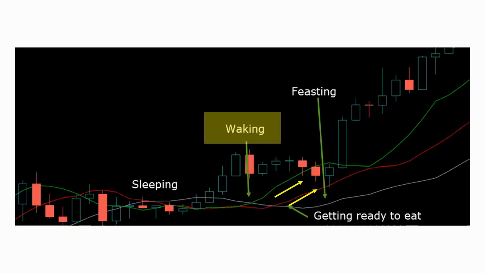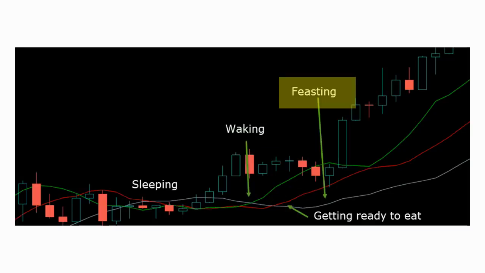As the green line continues in one direction, the red line, which is the teeth of the alligator, begins to separate and move in the same direction. So the teeth are opening. Once the first 2 lines start to pull away, the blue line will start to trend in the same direction. So the alligator has now opened its jaws and is looking to feast.